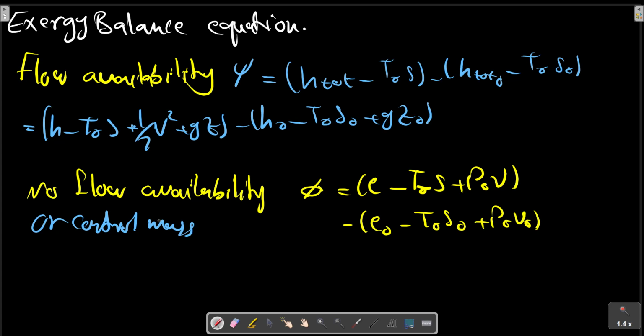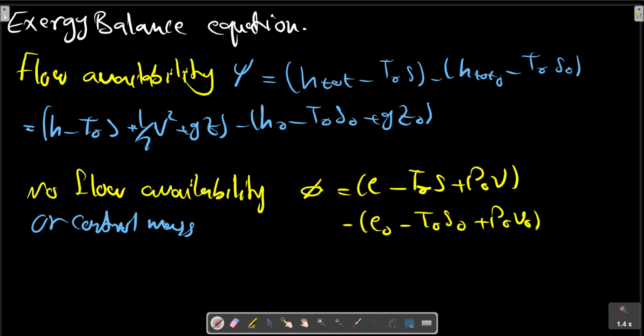We want to show that these forms of availability are consistent with one another. The whole concept is unified by a formulation of the exergy for a general control volume, from which we will recognize all the previous forms of availability as a special case of the more general form.